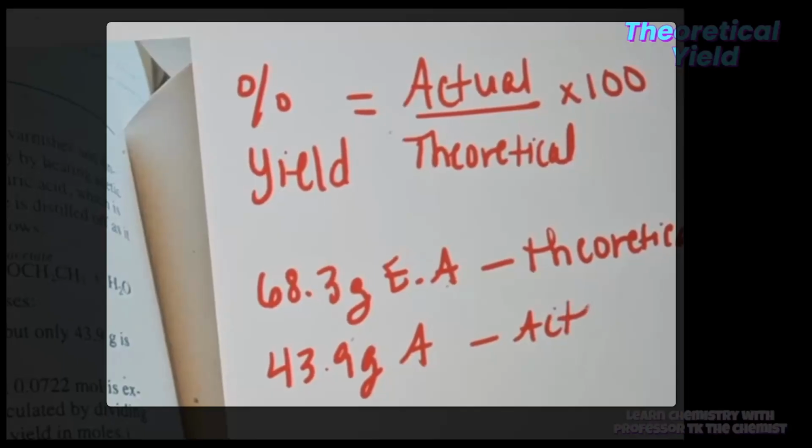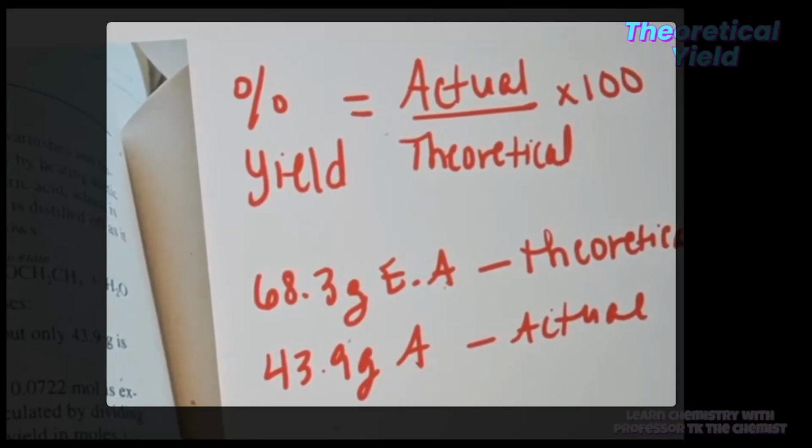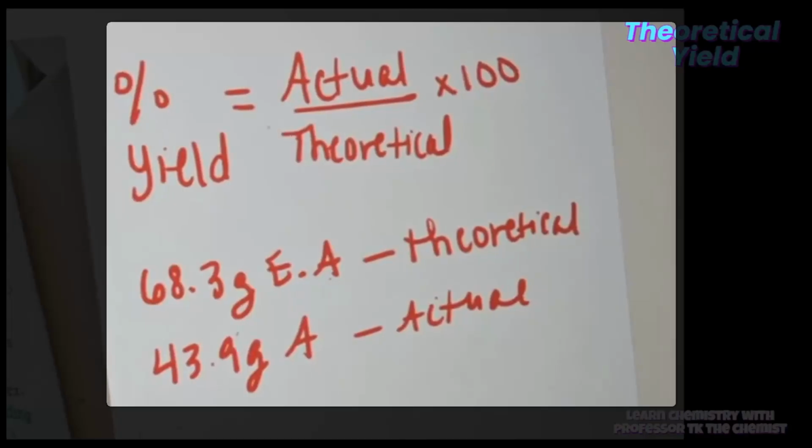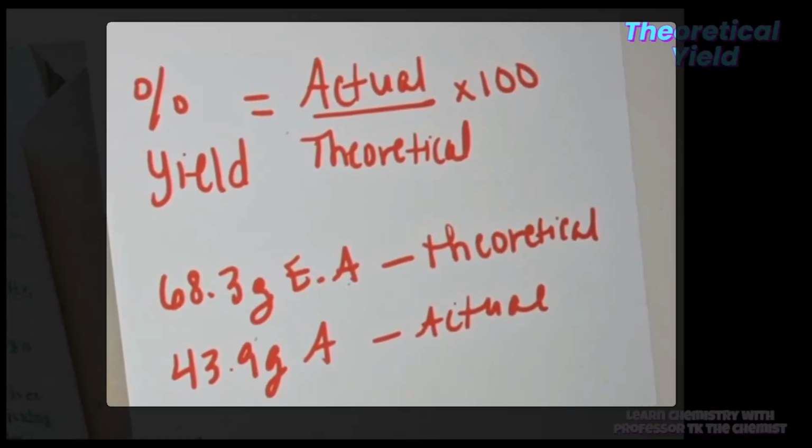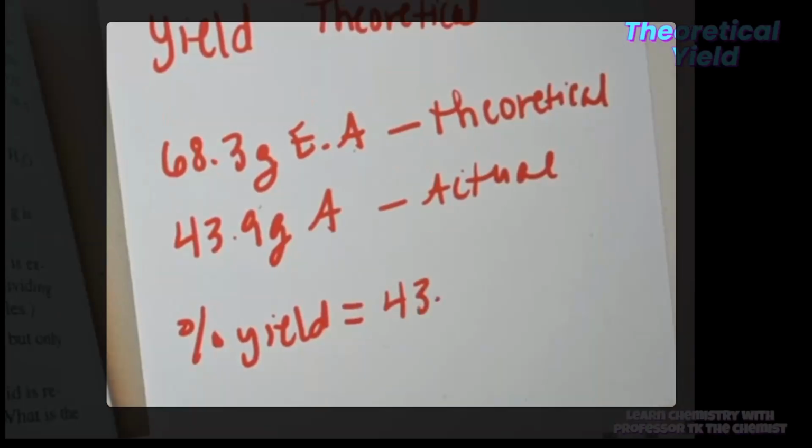Plug those into the formula right here. So your percent yield is going to equal 43.9 divided by 68.3 times 100.